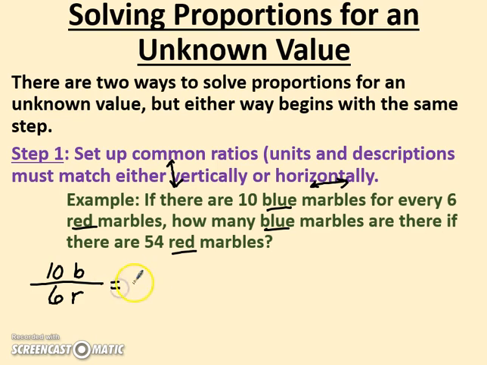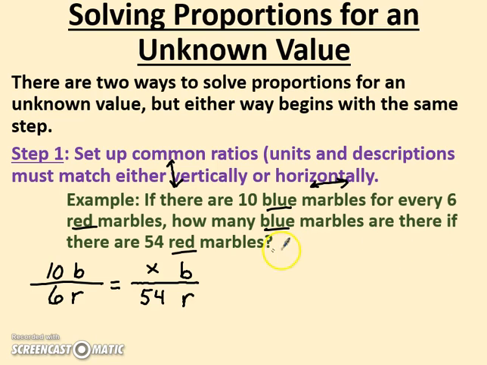Now we have to mimic that with the second one. We need the blue on the top so that they match horizontally and the red on the bottom so they match horizontally. It says how many blue, which means we don't know, so I'm going to put a variable, x, if there are 54 red. We consider this common ratios because it's blue to red and blue to red.